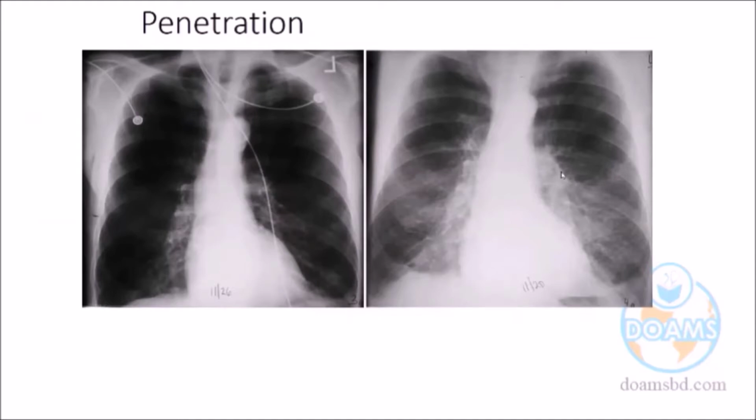This is left. You find that their vertebrae are visible with difficulty, but here they are totally not visible. It means that the X-ray is not penetrated. Ideally, a certain amount of X-ray should go through these, but it has not. So this is whiter, and the vertebrae are not visible. So penetration is less.